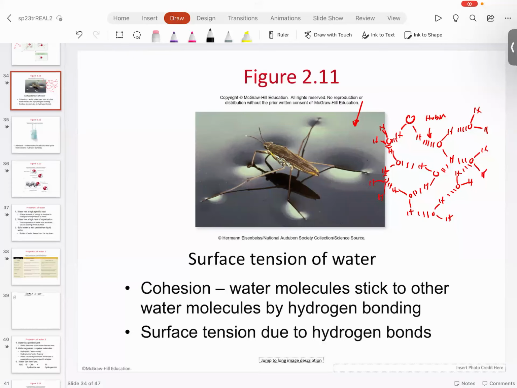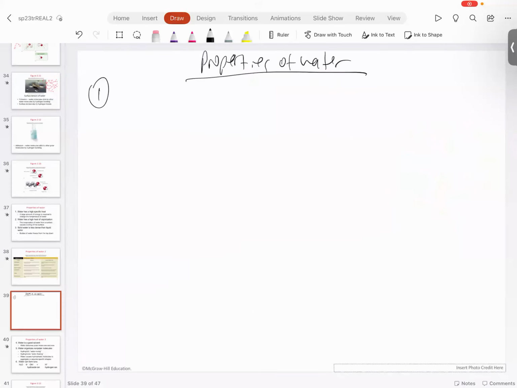Water is a very simple molecule: just 3 atoms, polar molecule, makes hydrogen bonds. That's it. But that's sufficient to give us pretty much everything that we're about ready to learn.